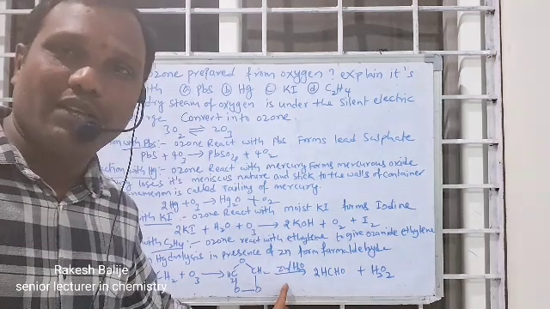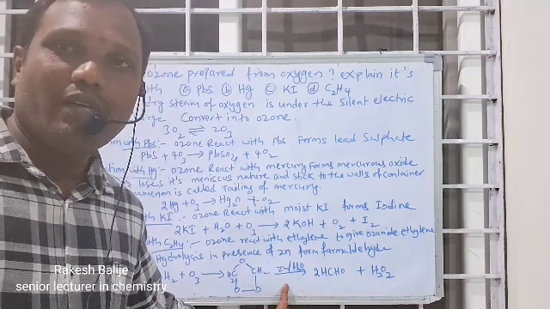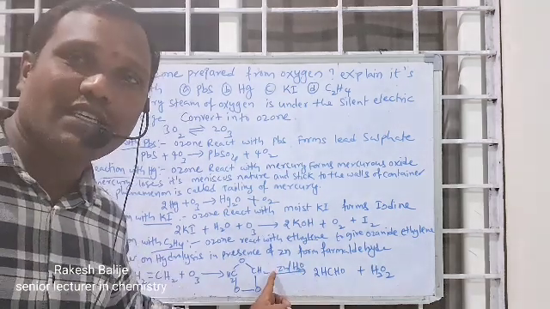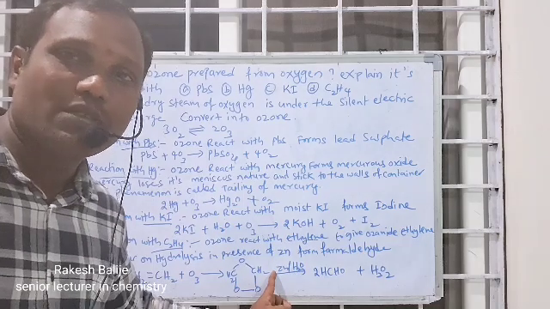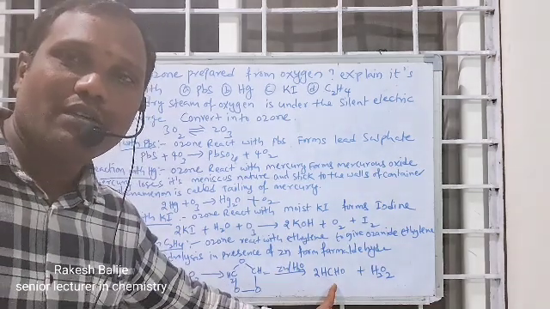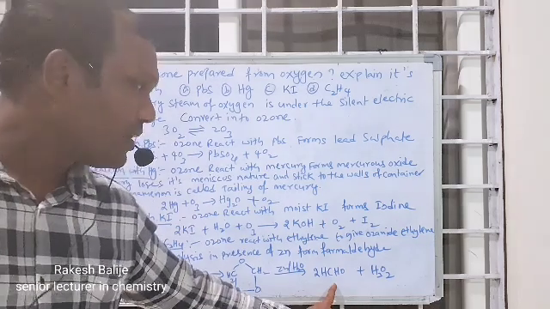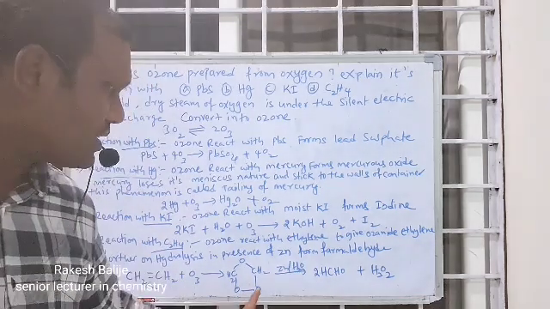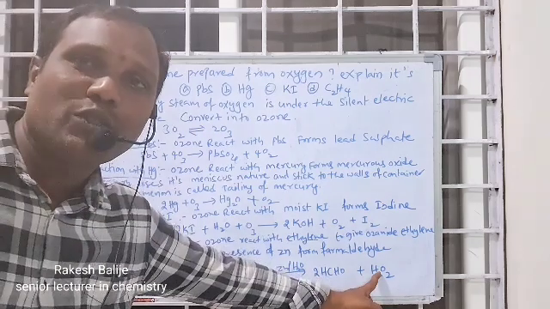This ethylene ozonide further reacts with water in the presence of zinc to form formaldehyde. Now look here, very simple. To the oxygen, 1 mole of oxygen is added, which produces H2O2.